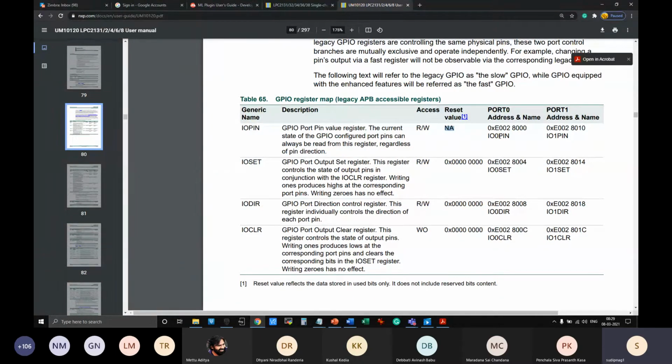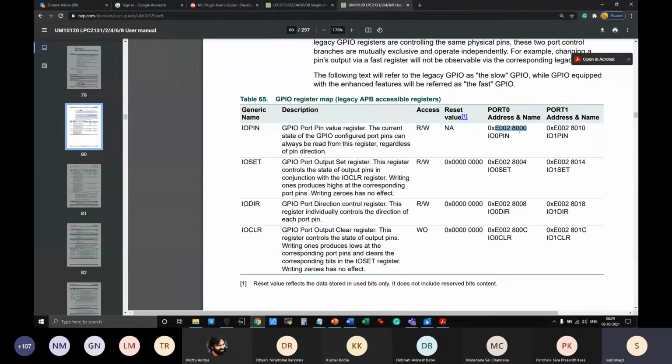Okay, and then there are some port addresses. These address values represent a 32-bit address, because 16-bit and 16-bit are combined together. It comes from the memory map of the microcontroller, and I'll show you the memory map.